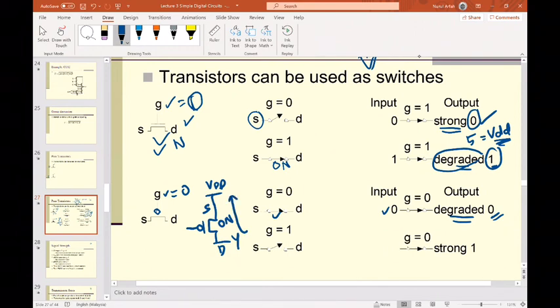So it will give a strong 1, or a strong VDD. A strong 1 means if VDD is equal to 5, then it will pass exactly 5. And this is not good if you have a 0 output. It will pass you a degraded 0.